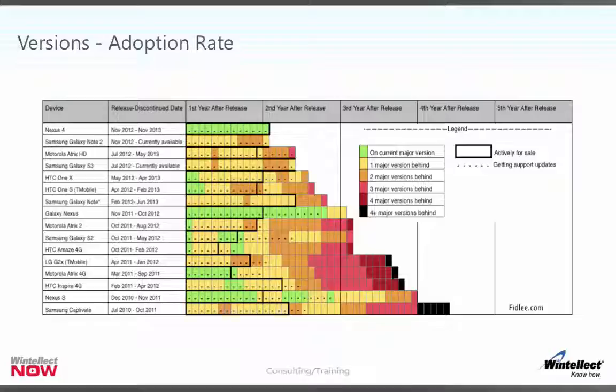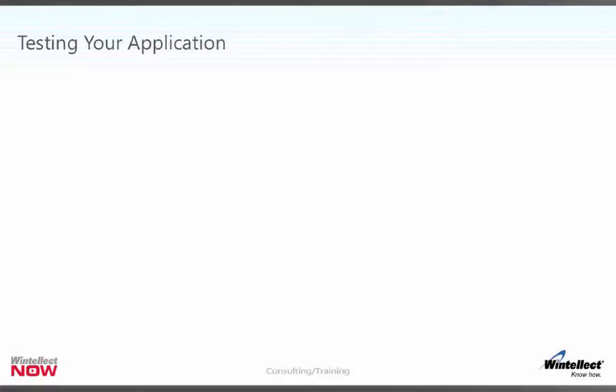But as you can see from this graph, there are several major manufacturers that are several releases behind. That means that if you require a feature on a newer version of Android, you will either need to add runtime checks to ensure that the feature is available, or potentially alienate a portion of the market from your application. All of these factors are going to increase your testing requirements.